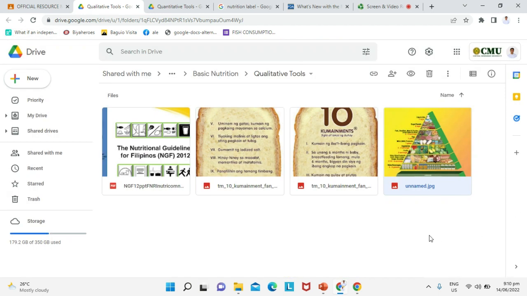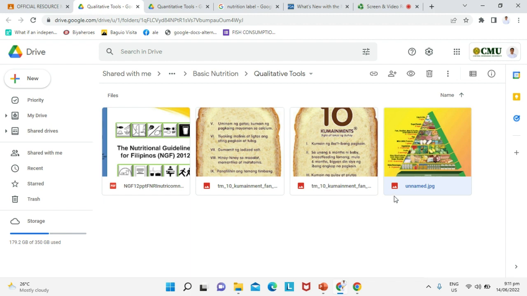But let's proceed to the more recent one, the Pinggang Pinoy. We don't have the Pinggang Pinoy here. Since I have a hard copy of the Pinggang Pinoy, we'll just discuss it more on Thursday. I have a printout in the office, so I will bring it and we will discuss the Pinggang Pinoy face to face.